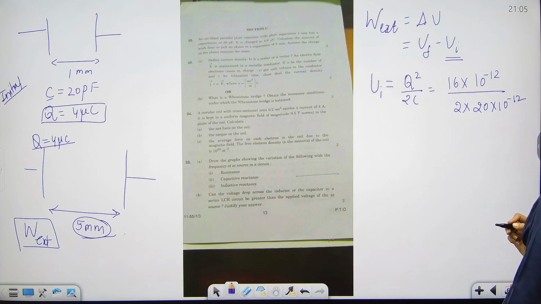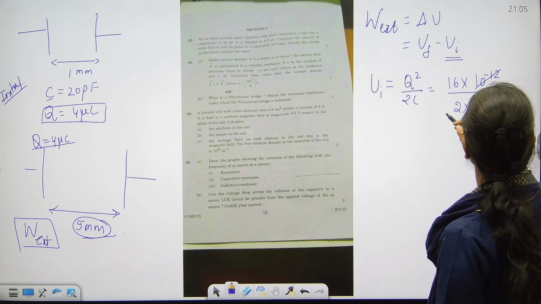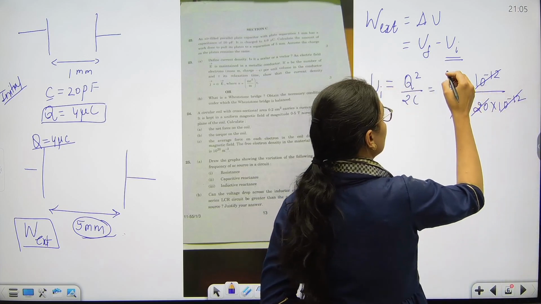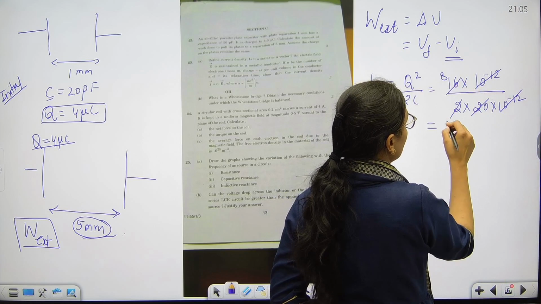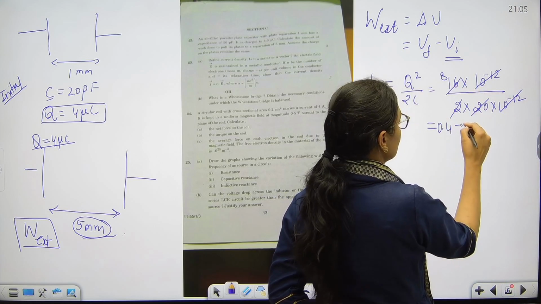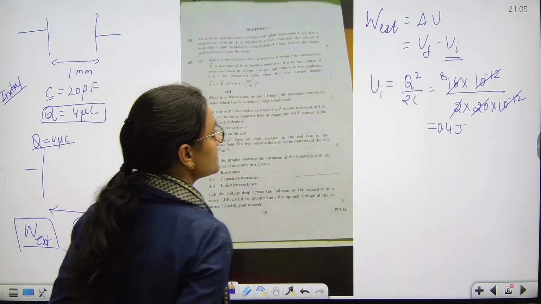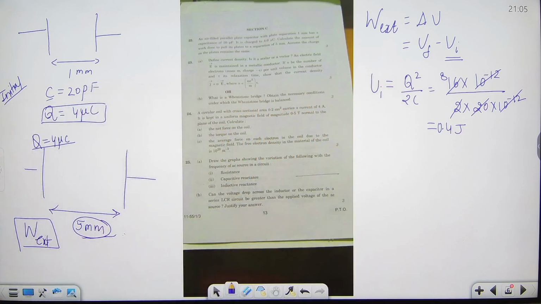Pico means 10 to the power minus 12. So you will be getting the value as 0.4 joules. Yes, I hope I'm getting the correct answer. Yes, it is 0.4 joules. Okay?